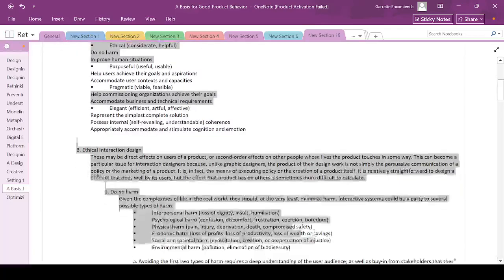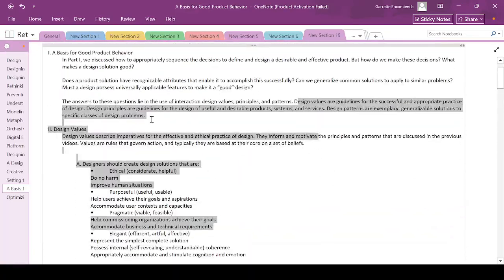Design values are guidelines for the successful and appropriate practice of design. Design principles are guidelines for the design of useful and desirable products, systems, and services.